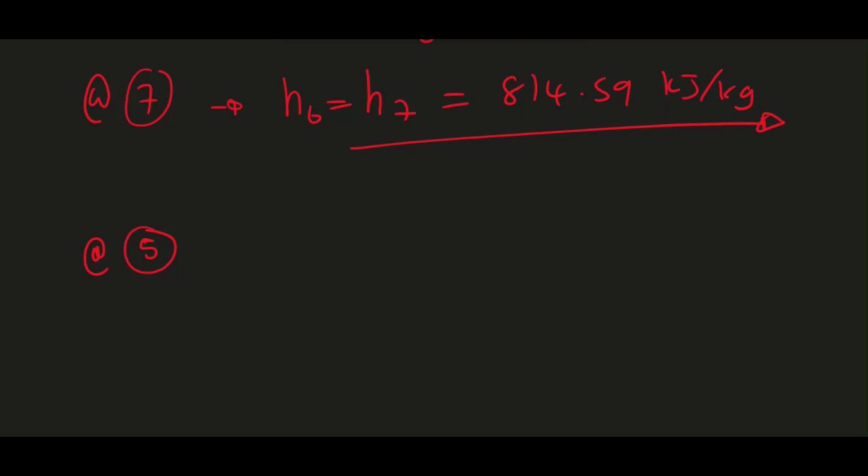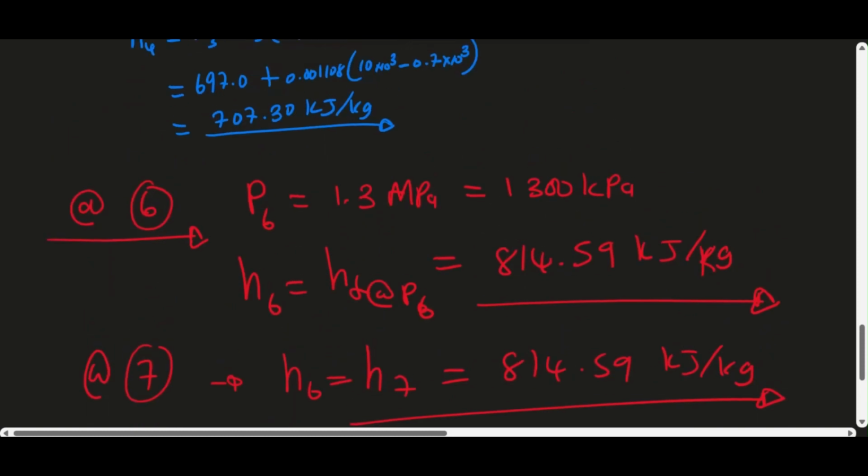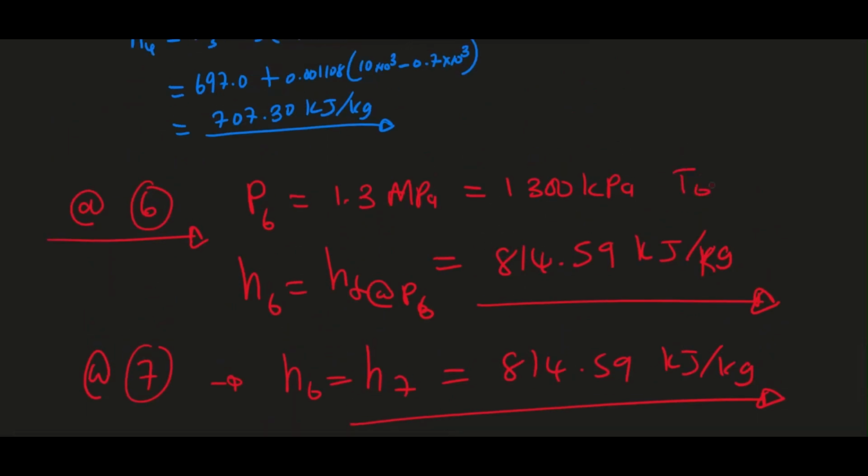as has been discussed already, the feed water is heated up to the condensation temperature of the saturated steam. What that means is that T6, the saturation temperature, is equal to T5, which is equal to, what is the temperature at T6?